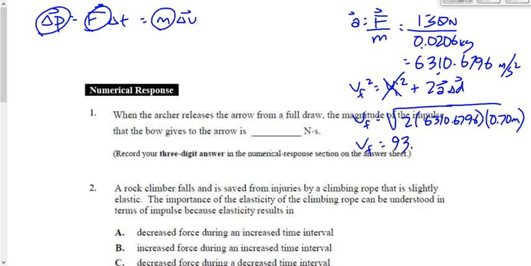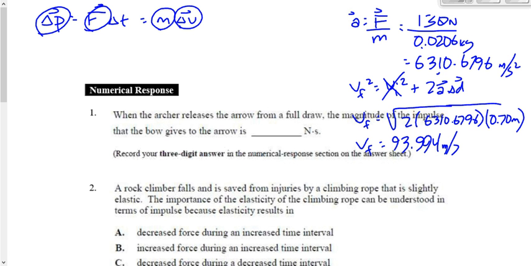Well, that's pretty fast. That's the final velocity, but that's also the change in velocity because the initial is 0. Look at that. Now we got M and delta V. We can multiply these two together, and we get impulse, right? Good. Anybody get the right answer by doing it that way? Good. That's a tricky question.